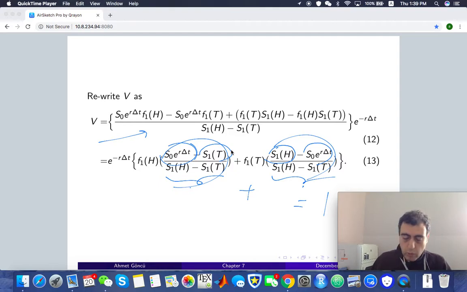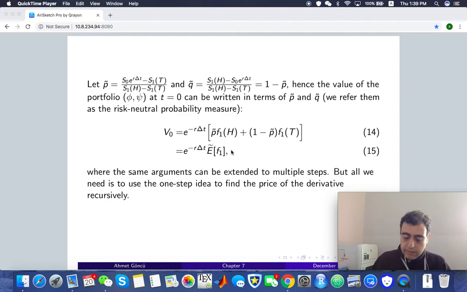Okay, so we can give an artificial interpretation to these quantities as probabilities, because they satisfy the properties of a probability. And we will call this the risk neutral probability measure, and we will denote this quantity as P tilde, and Q tilde is going to be just 1 minus P tilde.